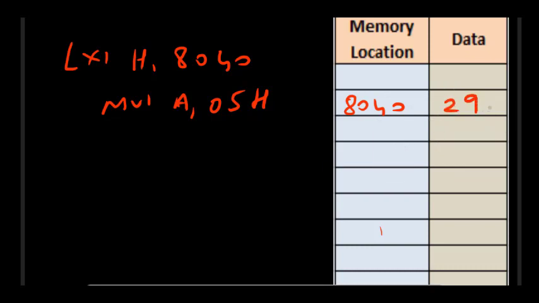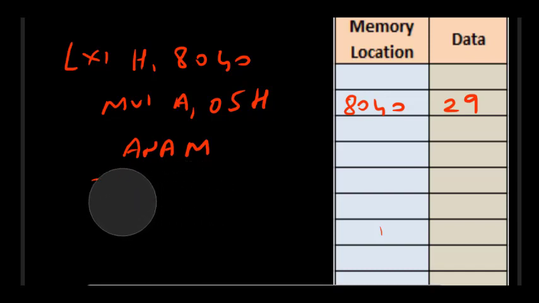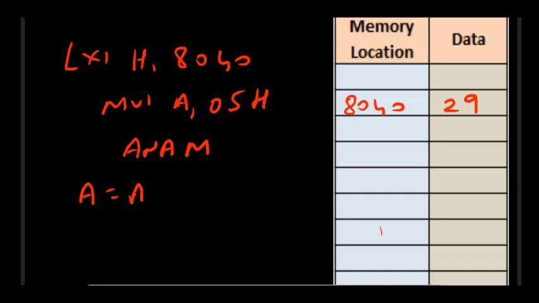Now if we write ANA M, this particular instruction logically ANDs the contents of register A with the contents of the memory location pointed by the HL register pair. So we are doing A equal to A AND M, where M of course is pointed by the HL register pair.